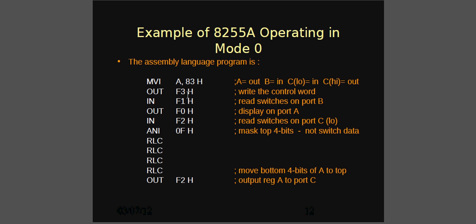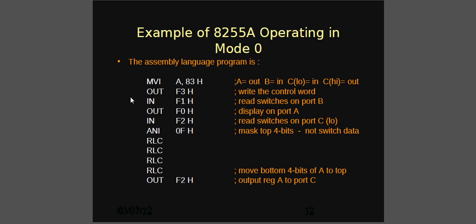This is the example. The first one is the bit that you want to send to the control port. This is 83, and you send it to the address here, F3, and then you have to read the switches which you already set at F1, right?